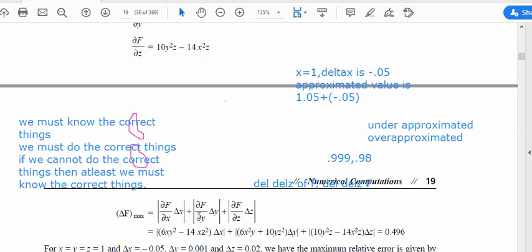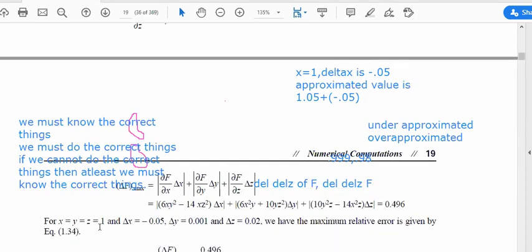So this is the value, substitute all the values, then we are getting 0.0496 for x, y, z equal to 1 and delta x, delta y, delta z as given. We have the maximum relative error given by equation 1.3.